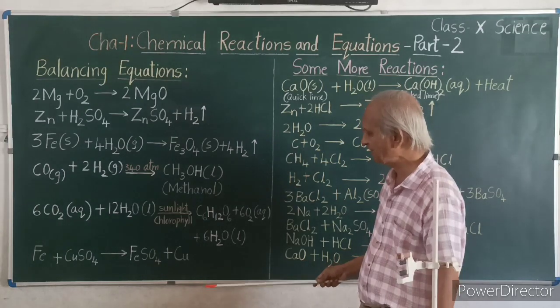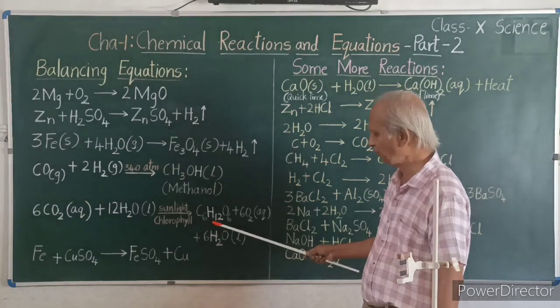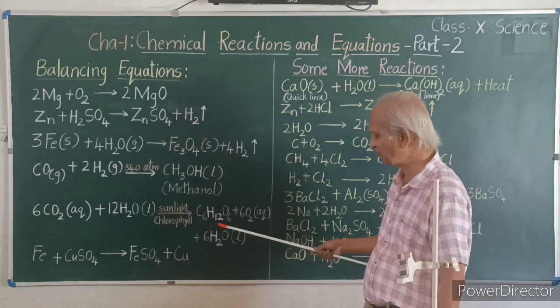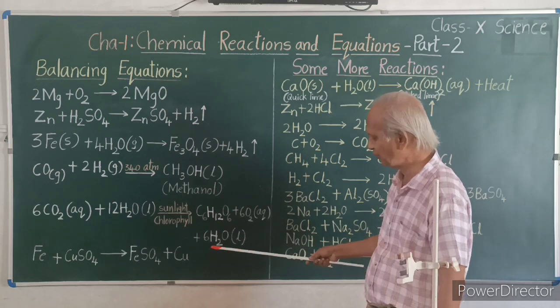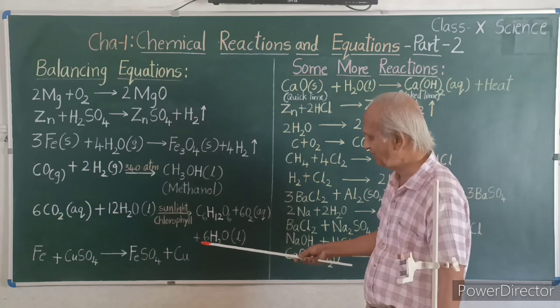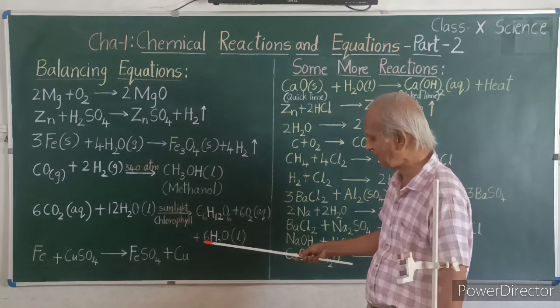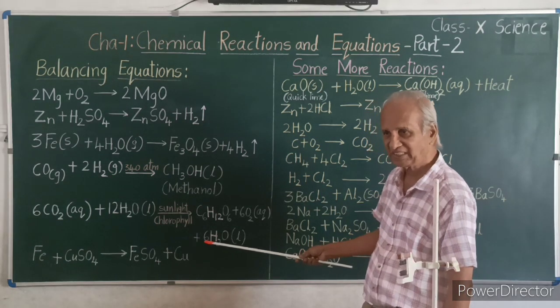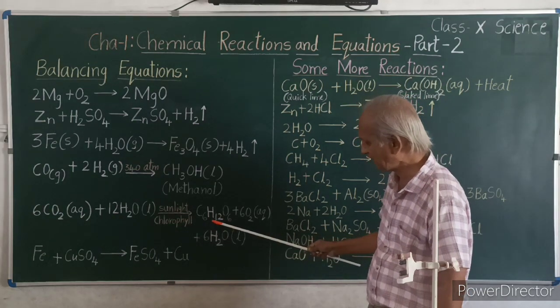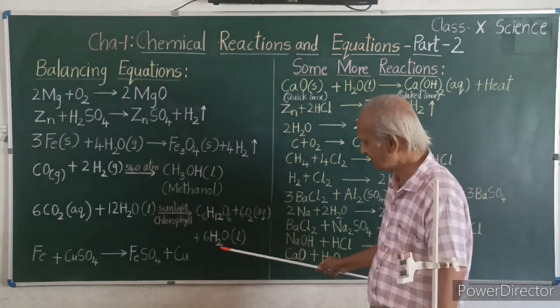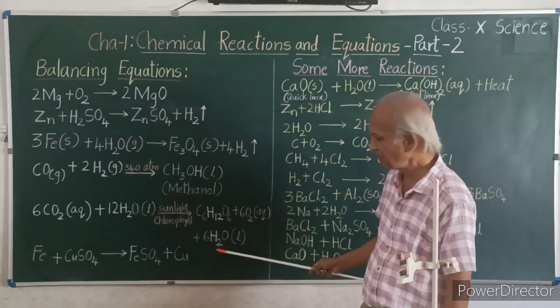Now we will take up the next part. H12 here. It's not over just here. Here too you have H2. This 6 is not written here, let's say. Now we have to find out. 12 H atoms, 2 hydrogen atoms.